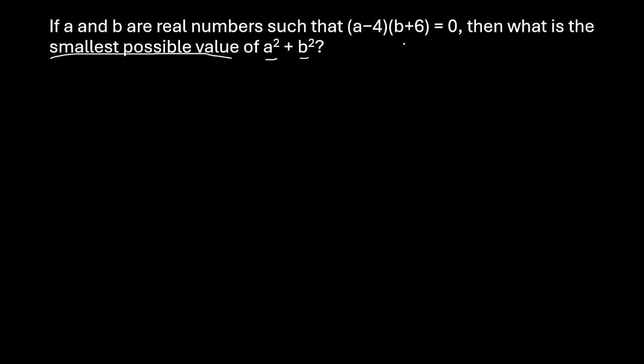Well, let's see. We know this equation is equal to 0. So either a minus 4 is equal to 0, and then b can be any value, or b plus 6 is equal to 0, because then the equation is 0 times something, which is 0.